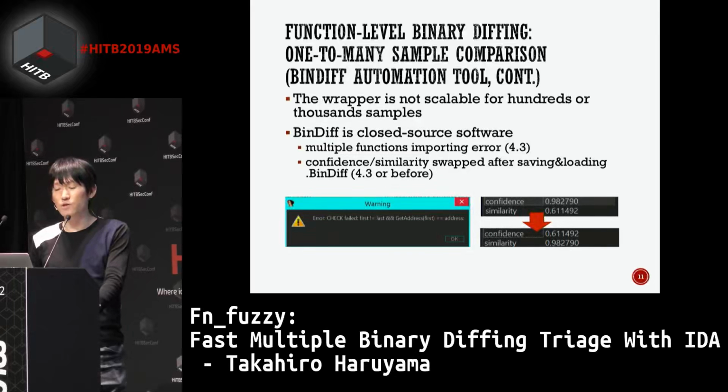Actually, in version 4.3, when importing multiple function information, I got an error like this, so I could not do that. And another bug is that when saving a BinDiff file and then opening it, the confidence and similarity values are swapped.